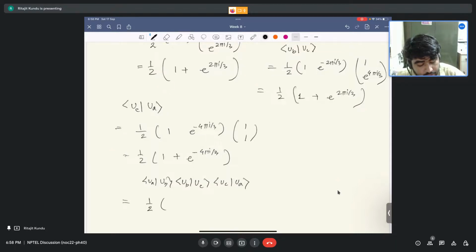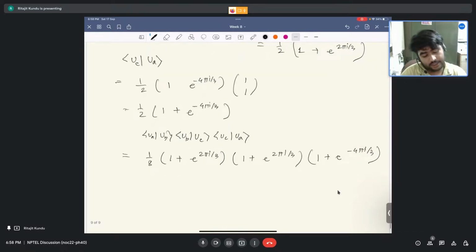Half of 1 plus e to the power 2 pi i by 3, times, so there will be a total of 1 by 8, 1 plus e to the power 2 pi i by 3, times e to the power 4 pi, 1 plus e to the power minus 4 pi i by 3.